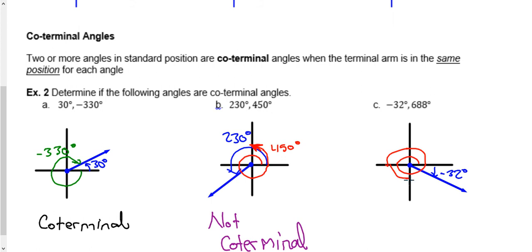And if I go a little bit more here, can I end off here at 688? Well, if I went to the full rotation, that's about 720 degrees. If I am at 720 minus 32, I'm at 688. So yeah, these two are actually coterminal.